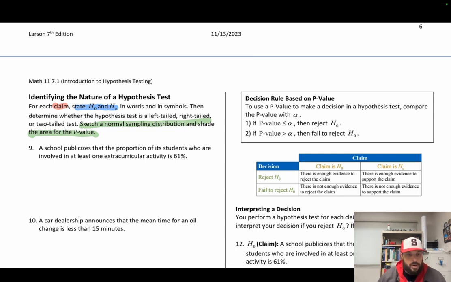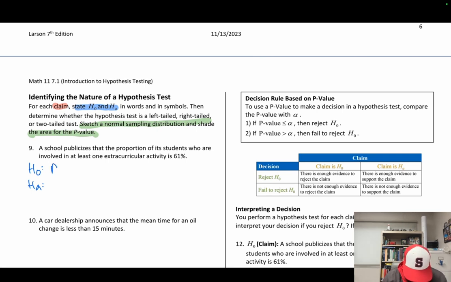All right, so first one here, number 9. A school publicized that the proportion of its students who are involved in at least one extracurricular activity is 61%. So remember that is equals. We have our H0 and our HA.